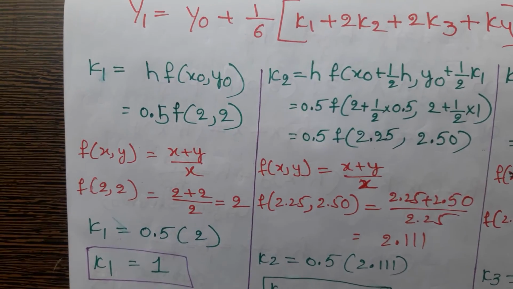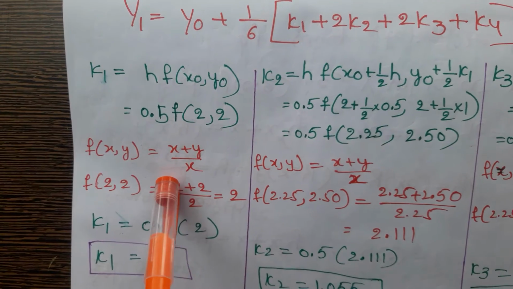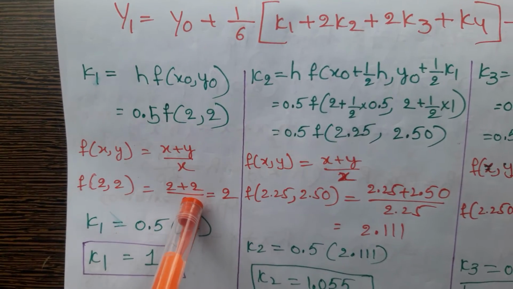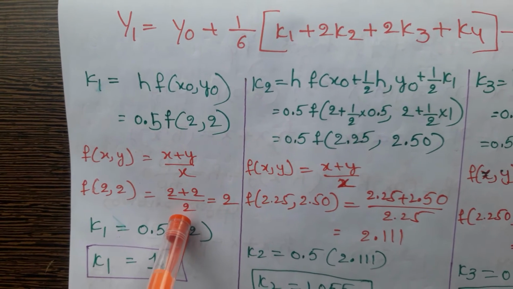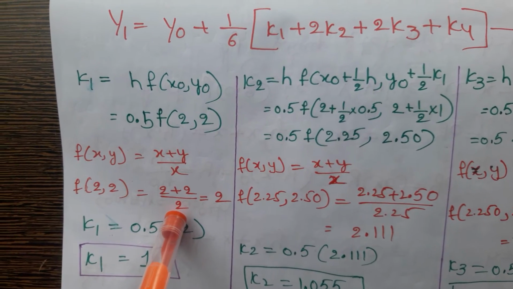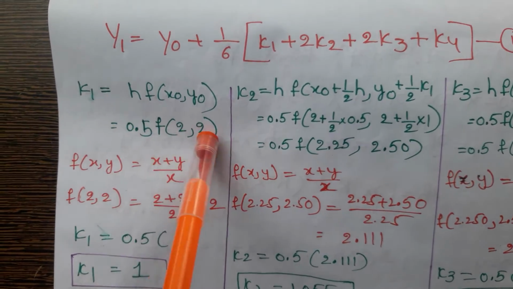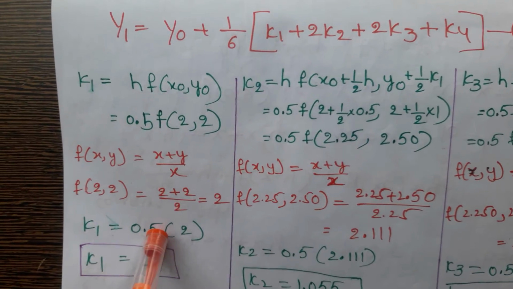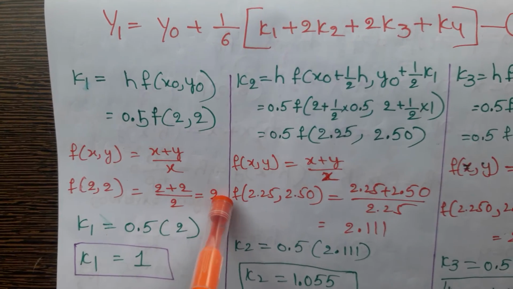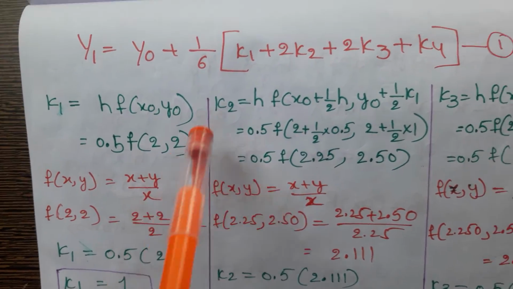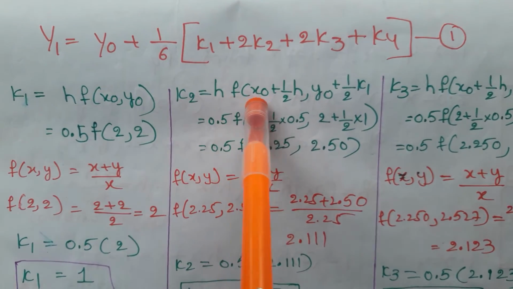So f of 2 comma 2 becomes (2 plus 2) divided by 2, which is equal to 2. We substitute this in here: 0.5 into f of 2 comma 2, which is 2. 0.5 into 2 is equal to 1. This is k1.